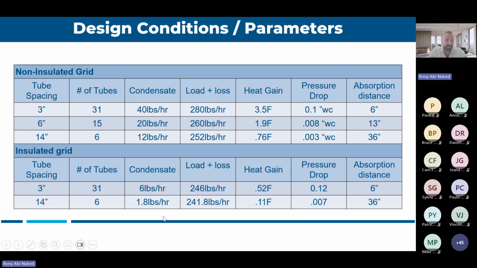Every company has a different efficiency on their insulation, but even if it's less than ours, it's still worth it to have insulation. But here it's based on the 85% efficiency. So 12 pounds instead of 1.8 pounds. You're not adding much of a loss, and you're just adding 0.11 Fahrenheit heat gain versus 0.76, which is still a good saving.